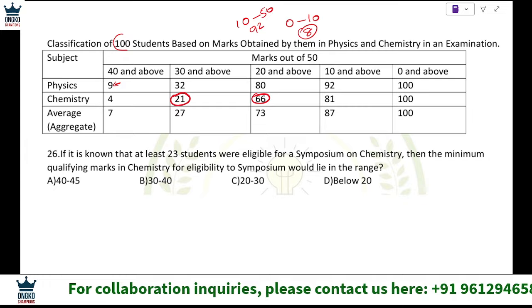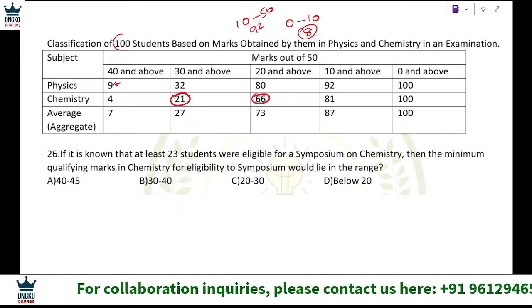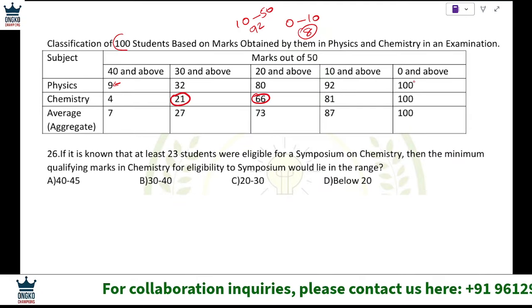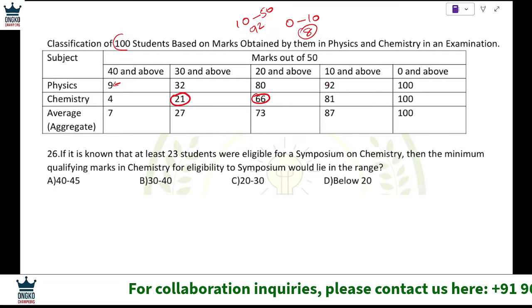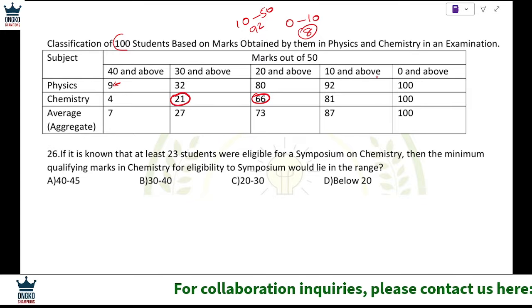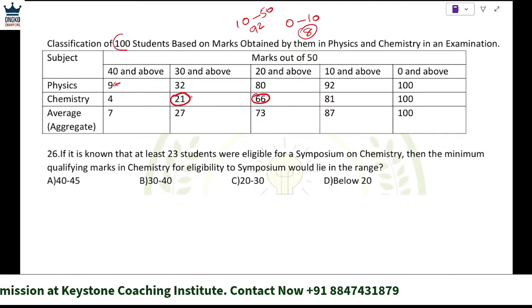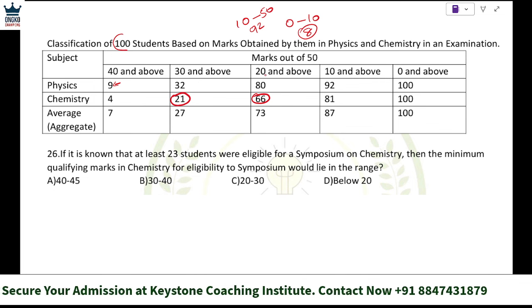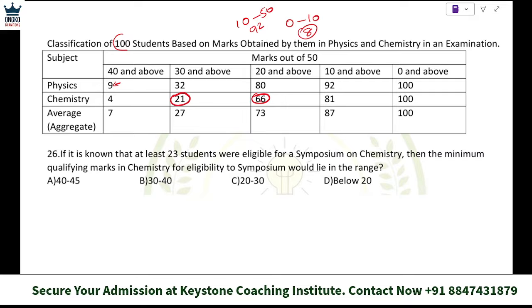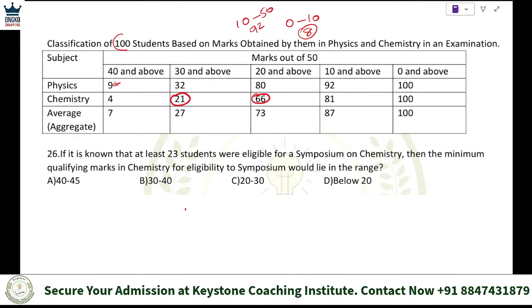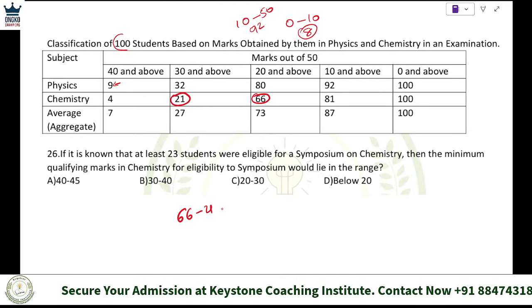Yes. So now, as I mentioned earlier, 0 and above is 100, 10 and above is 92. That means between 10 and 0 there are 8. Yes. 30 and above is 21, 20 and above is 66, which includes these 21 students also. Right? So if we subtract 66 and 21, are we getting 45?